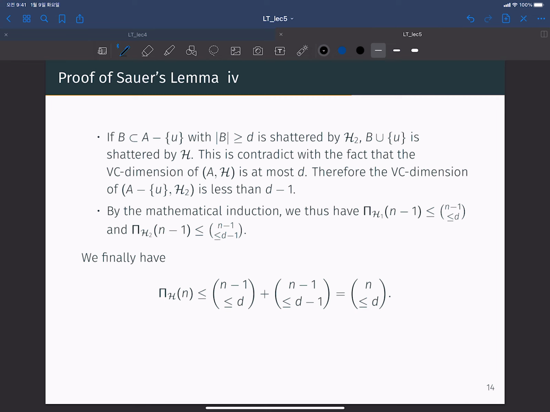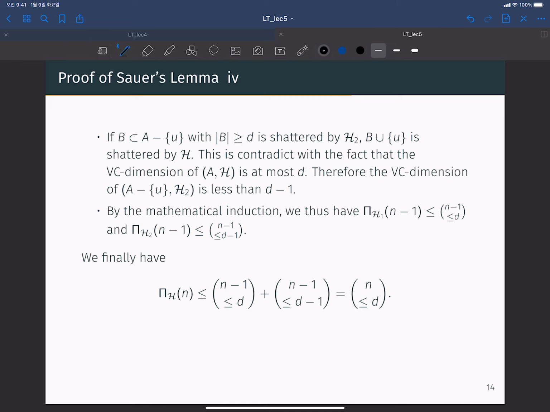Okay, all of this comes from the definitions of H1 and H2 and the assumption that our original hypothesis VC dimension is bounded by D.